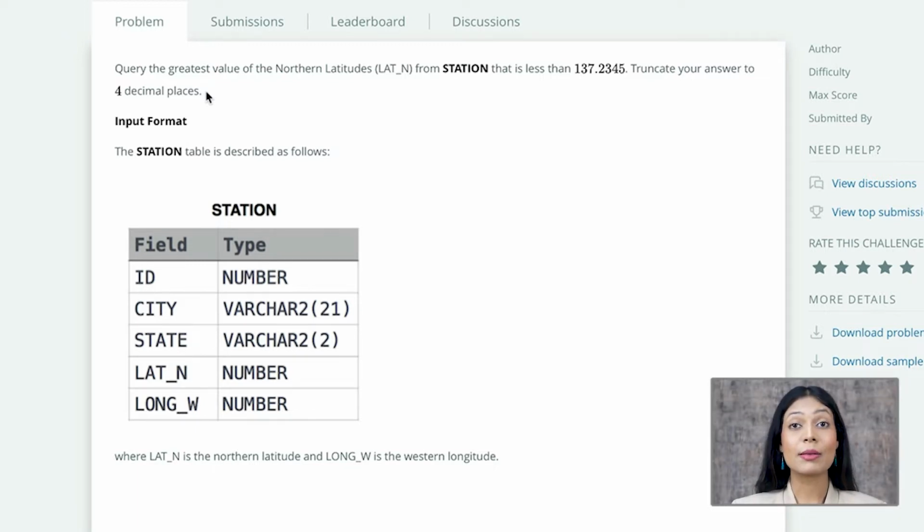Now let us understand more about the truncate function. The truncate function is used to truncate a number to a specified number of decimal places. It means that it keeps only the specified number of decimal places and removes the other decimal digits. The syntax of the truncate function is TRUNCATE(n, d).